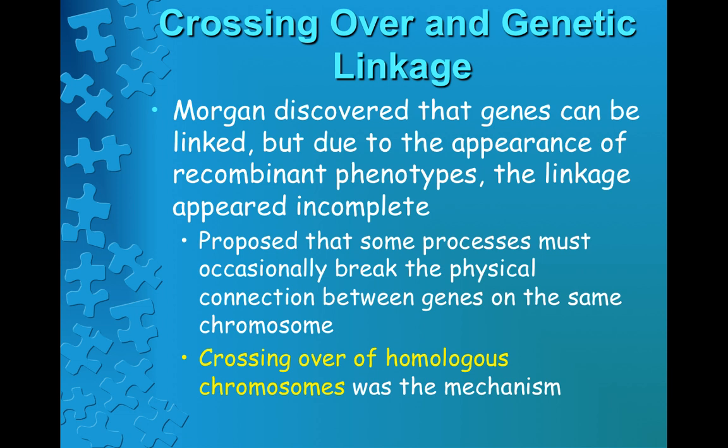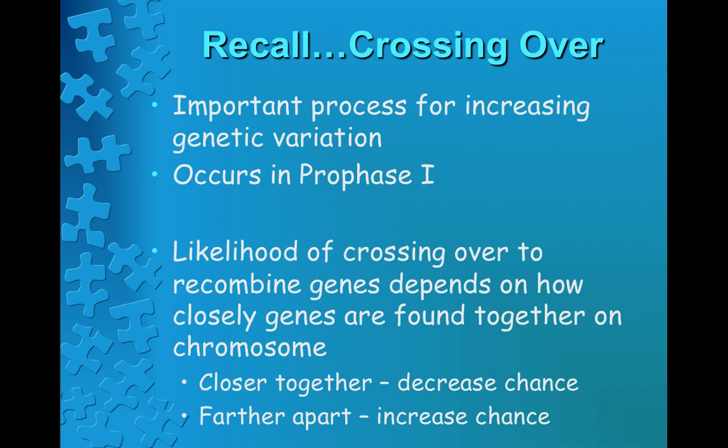And what he noticed was that he wasn't always getting that 50-50 ratio of recombinant versus parental. And so he comes to understand that the actual breaking of the connection between genes, the crossing over, is in fact the mechanism that is causing some genes to get crossed over, creating those recombinants, while some genes are not getting crossed over because of where they are located on the chromosome.